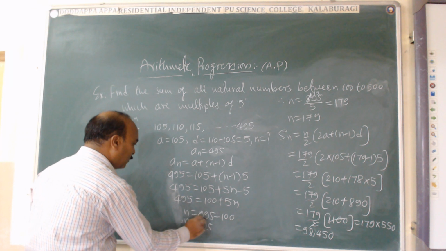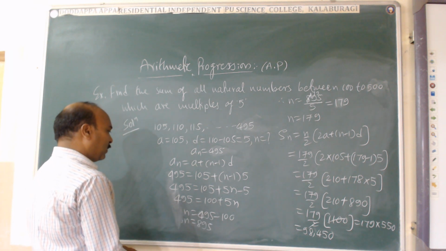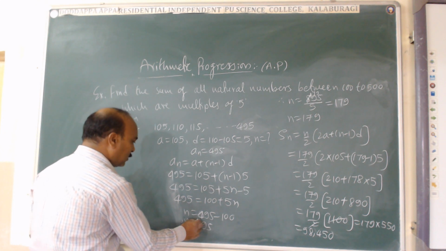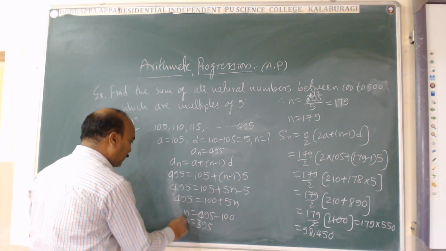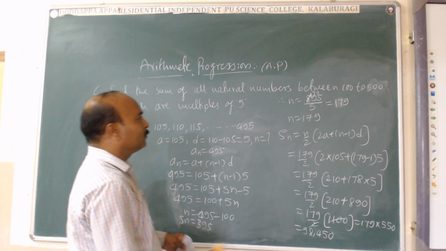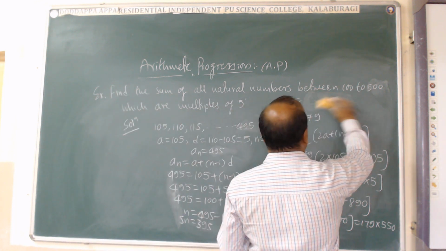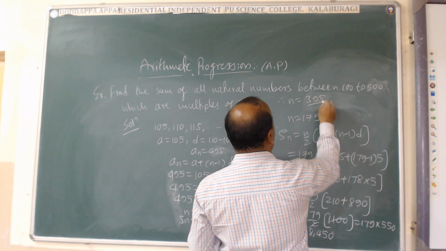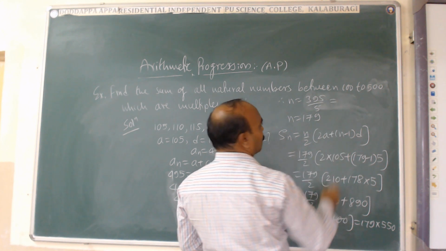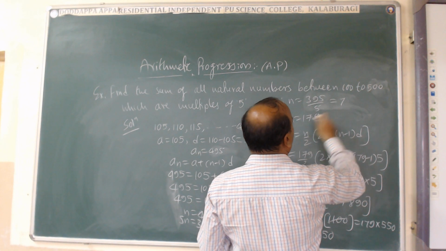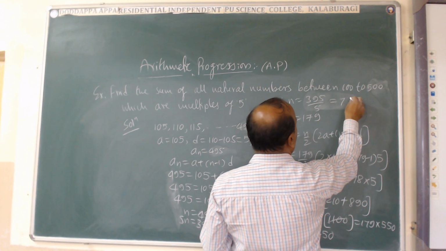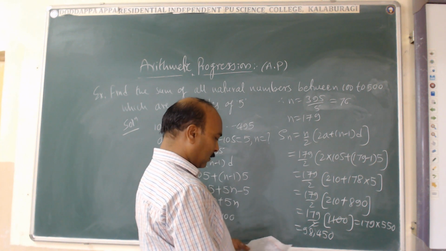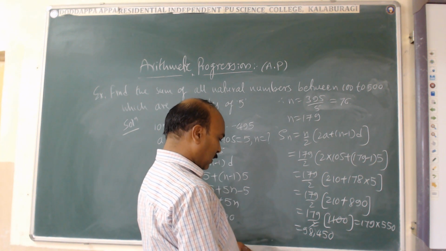It is 495 minus 100. So 5n equal to 395. Dividing 395 by 5, 5 sevens are 35, 5 nines are 45. So n equal to 79 you are getting.